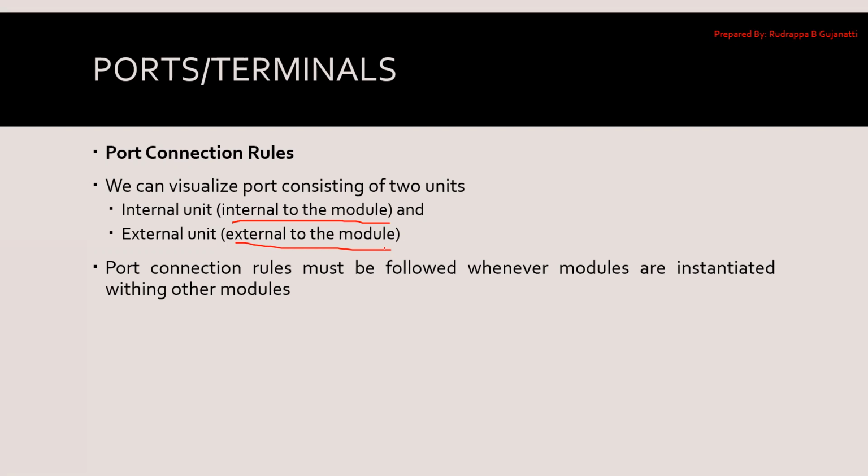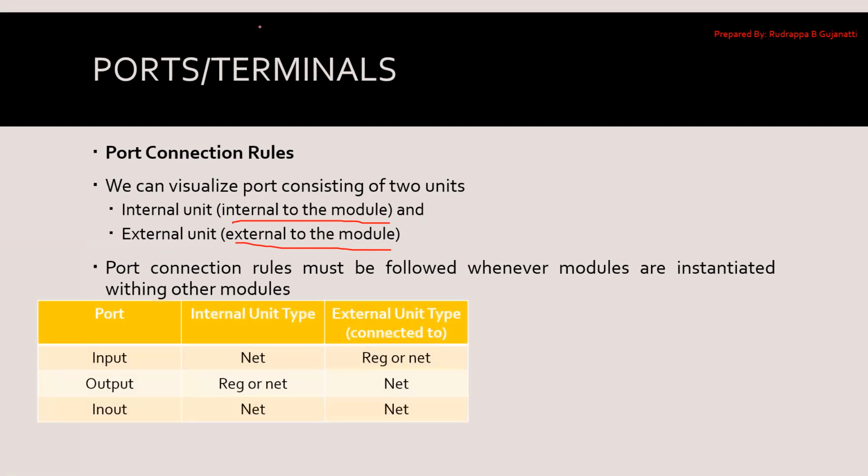In port connection rules, the ports can be of 3 types: input, output, or in-out. We have internal and external, that is, internal to the module and external to the module.